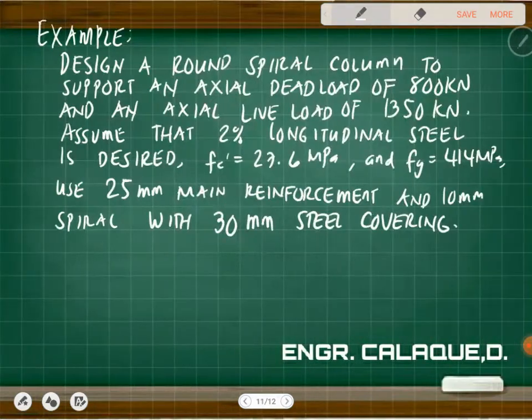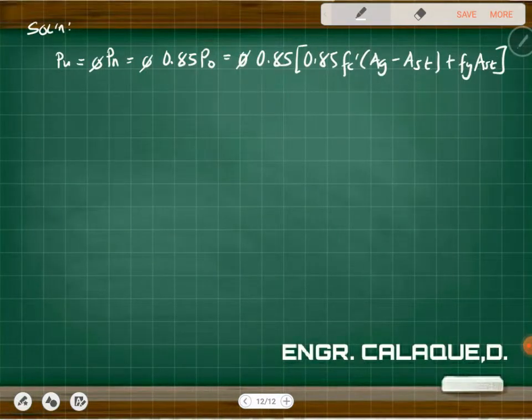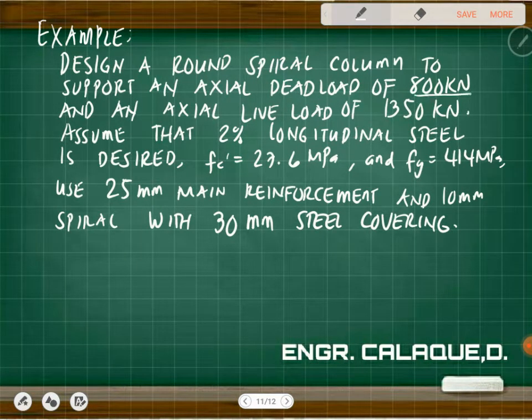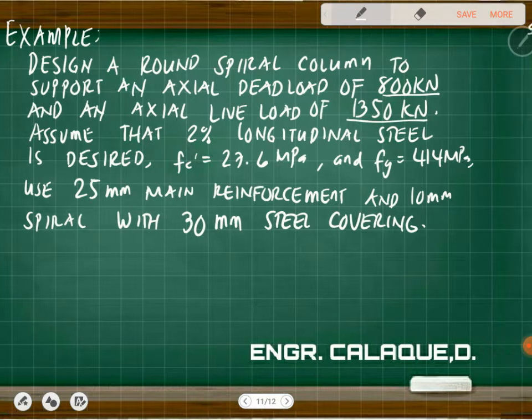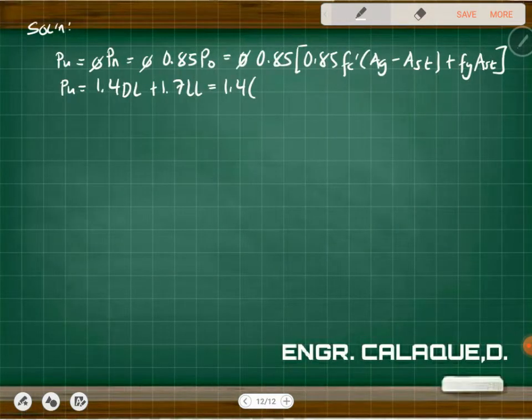Okay, so kunin muna natin yung Pu. So, yung Pu is just 1.4 nung dead load plus 1.7 nung live load. Okay, so we have 1.4 nung dead load, we have 800 and a live load of 1350 kN. So, we have 800 plus 1.7 times 1350.